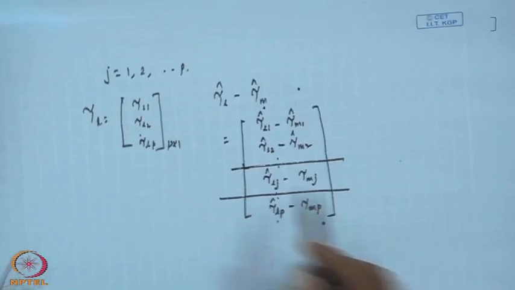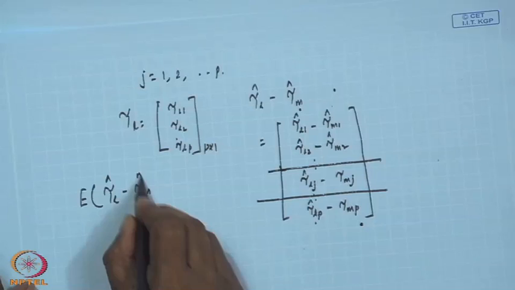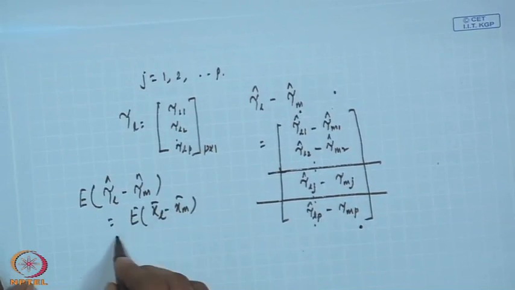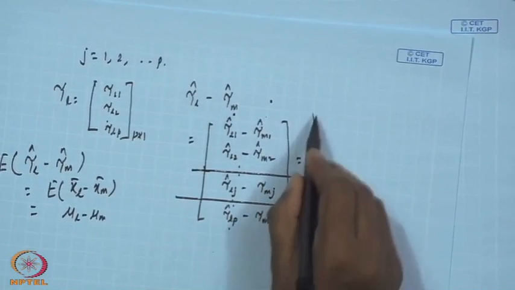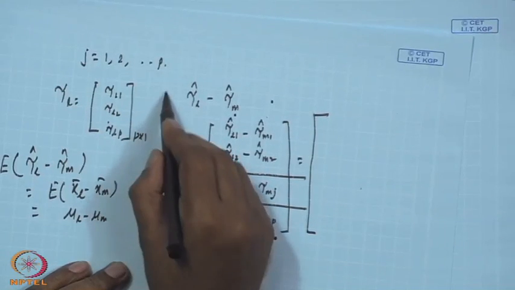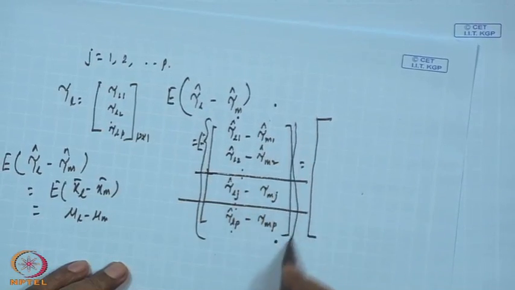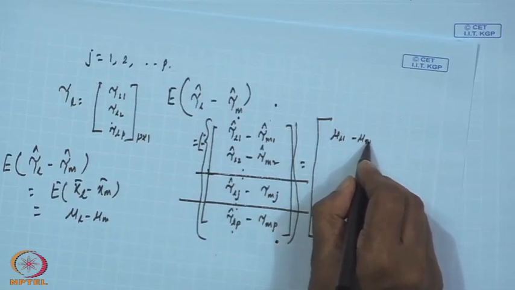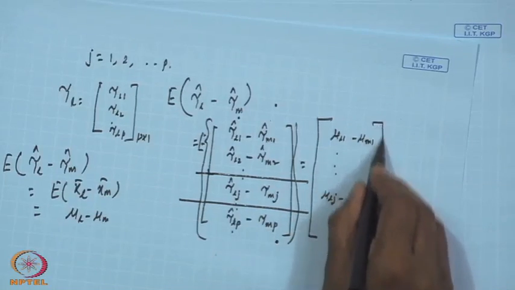The expected value of tau L cap minus tau M cap is nothing but the expected value of x L bar minus x M bar, which is mu L minus mu M. Writing out the expected value of this totality, you get mu L1 minus mu M1, and so on, up to mu Lj minus mu Mj.